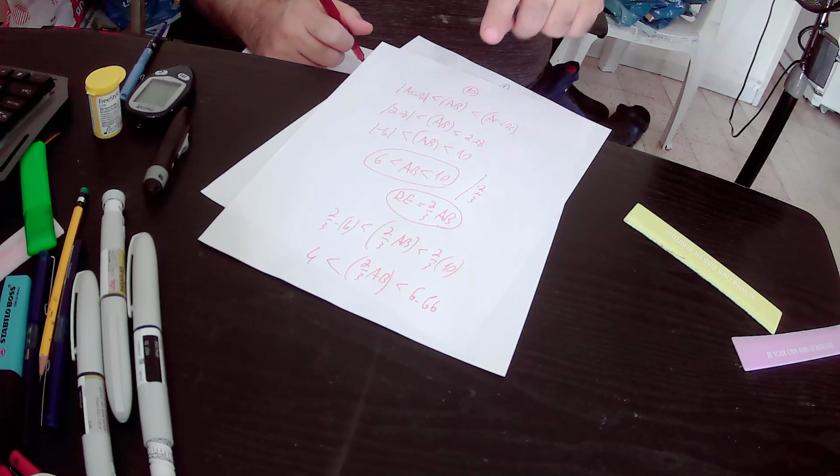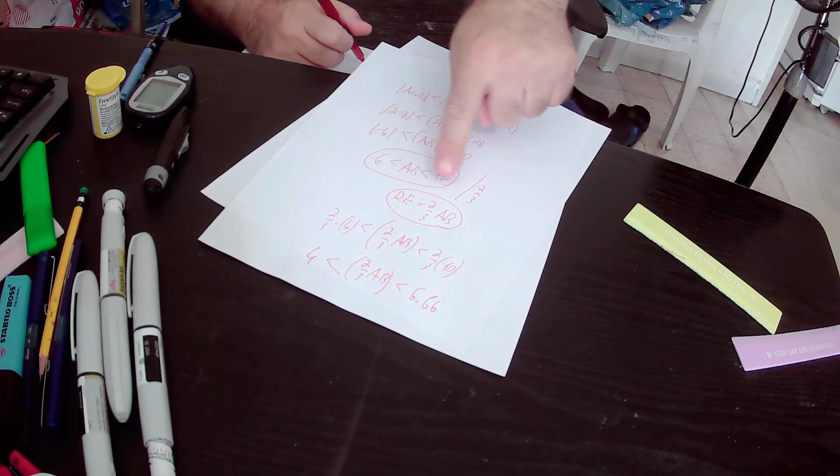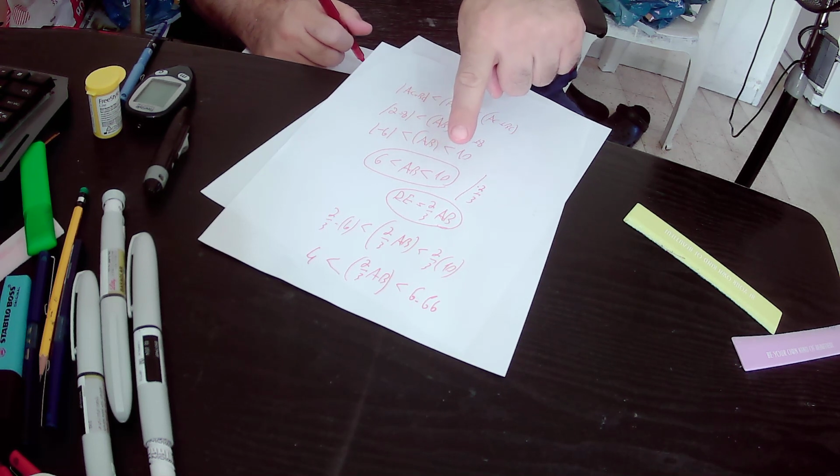But what is 2/3 AB? 2/3 AB equals DE. So we can substitute 2/3 AB by DE.